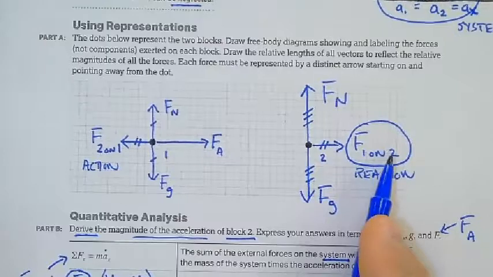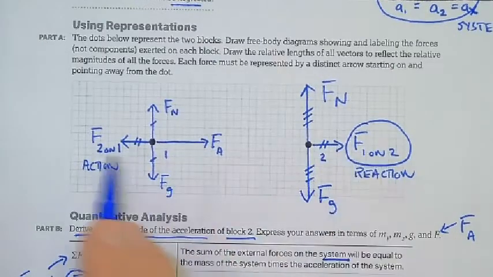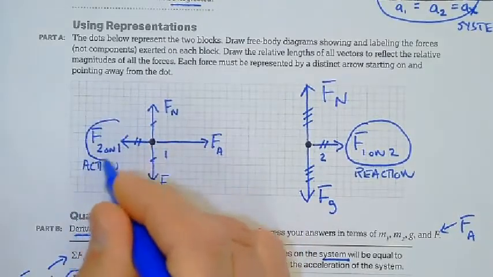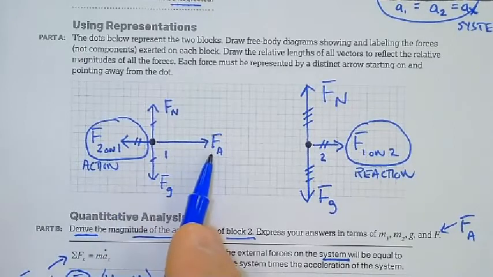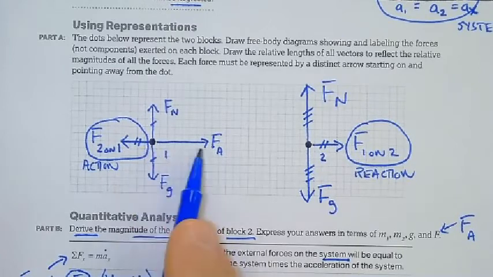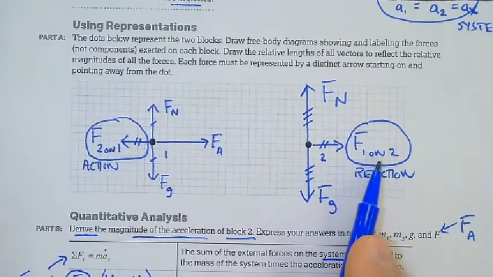Find the force of 1 on 2. Okay. Well, you might say, well, that's easy. That's the force of 2 on 1. It is. However, we don't know that. And you might say, well, that's just the applied force of 120. But you would be wrong, because we said that that force is not equal to this one, right? So how do you figure this out? How do you find this force?